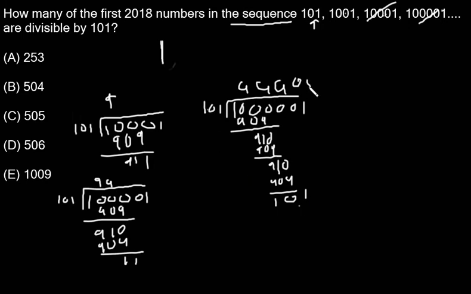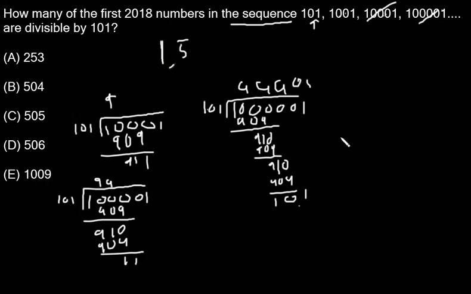Alright, so we know that terms 1 and 5 are divisible by 101, and so we have our first two right here. And what's the difference between 5 and 1? This is the first thing that popped into my head. The difference between 1 and 5 is 4. So maybe, just maybe, there might be a little pattern here where if we increase the sequence by 4 zeros each time after 1, then it might be divisible by 101.